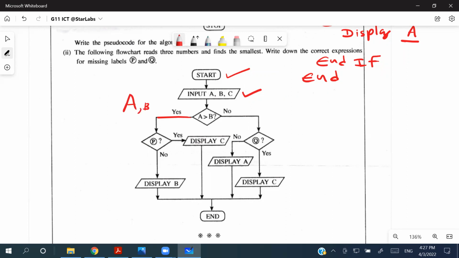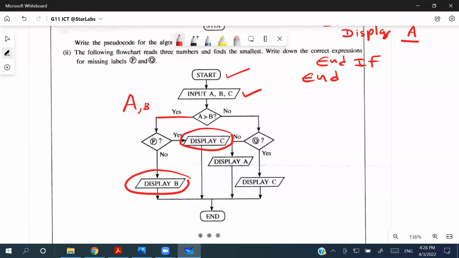So our purpose is to find the smallest. So what they are trying to display here is the smallest. Right? So if C is being displayed, that means C should be the smallest.